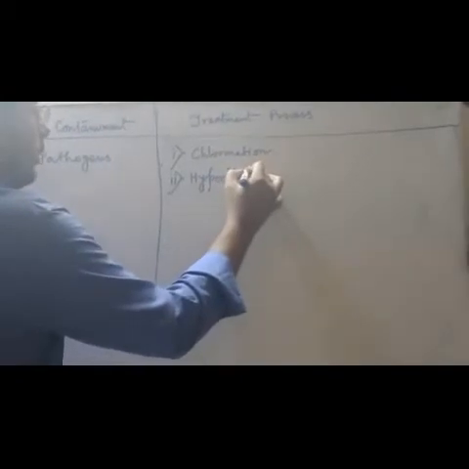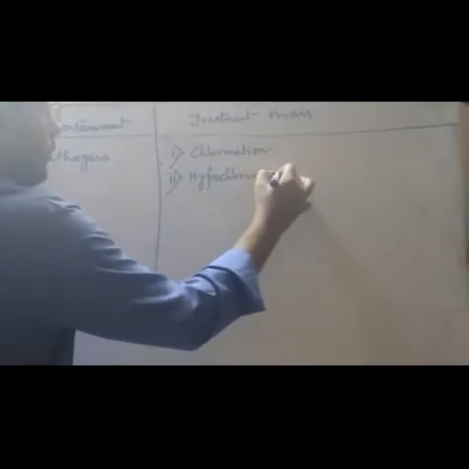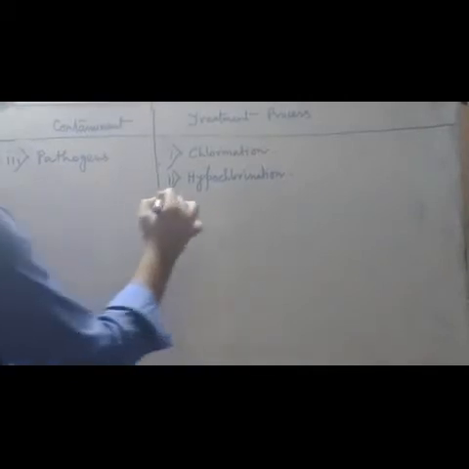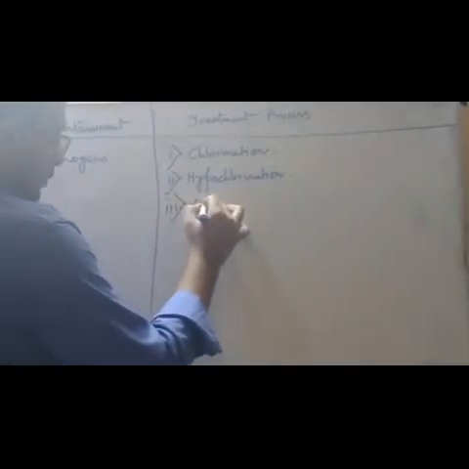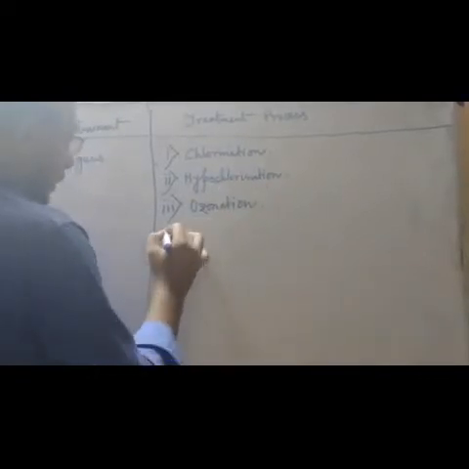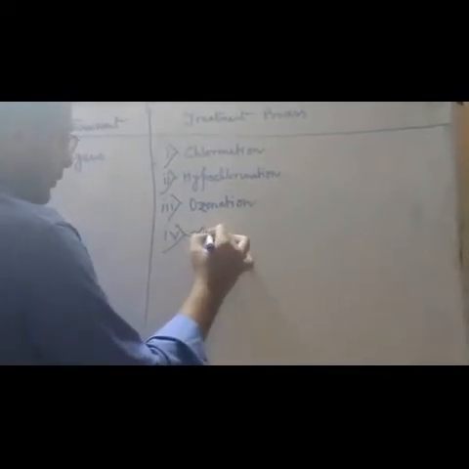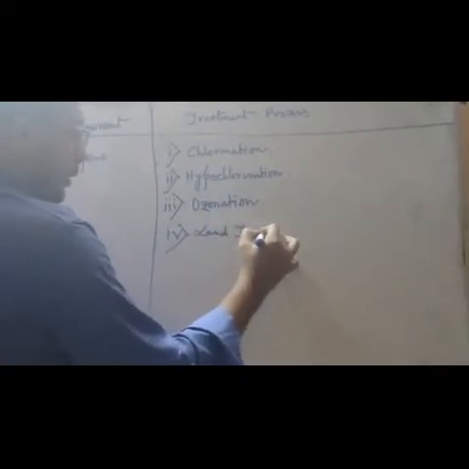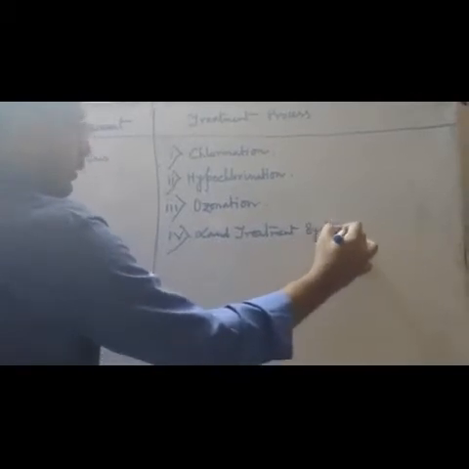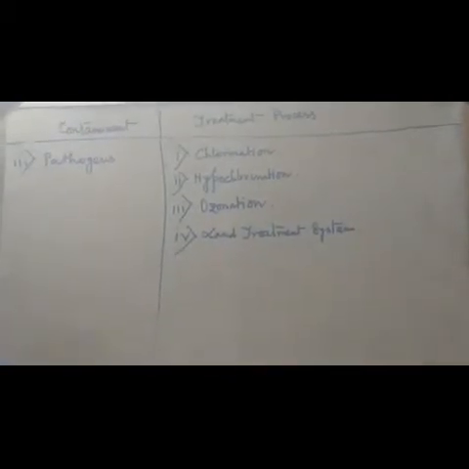The third one is ozonation. And the fourth one is land treatment system. So by these 4 methods, we can remove the pathogens from the wastewater.